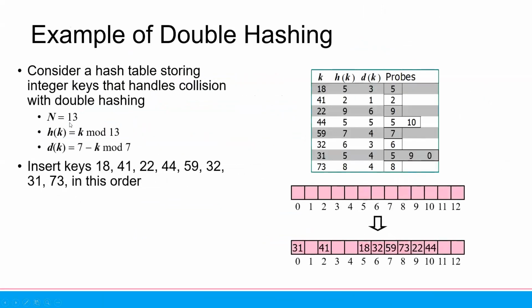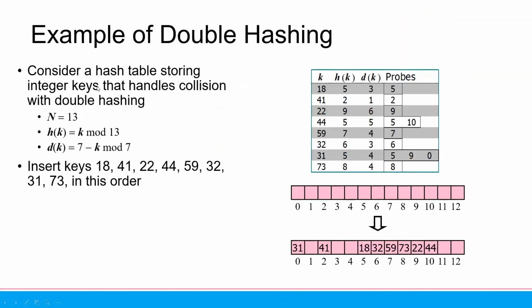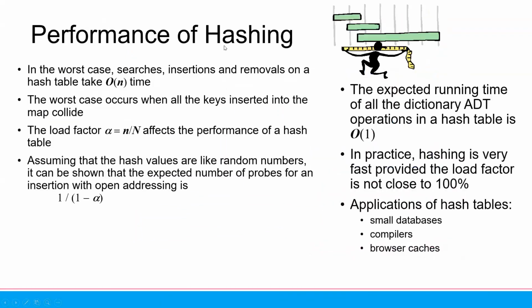If you still remember, this big N is the size of the array, and this must be prime. So if we have small n, which is the number of data, divided by big N, we can have alpha.